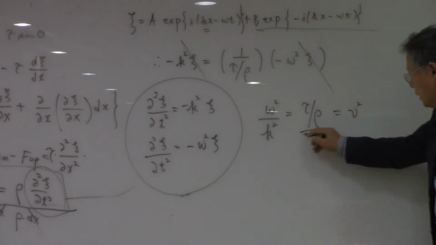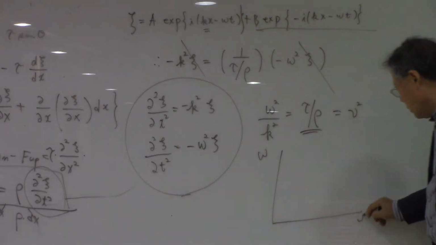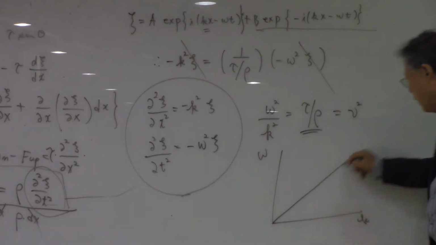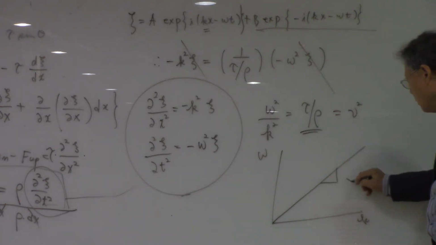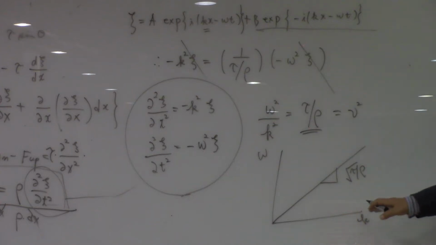Now, since this is a constant, we know that this omega versus k is going to be a straight line, and the slope corresponds to the square root of tau over rho, a non-dispersive system, okay, for this wave.